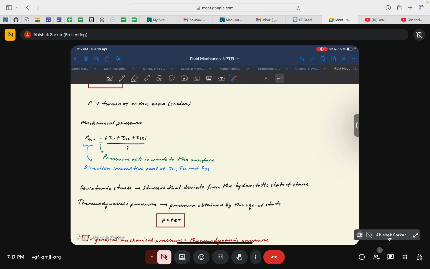So we have mechanical pressure as minus of tau 11 plus tau 22 plus tau 33, divided by 3, with a negative sign, of course, to show the inward direction of the pressure.